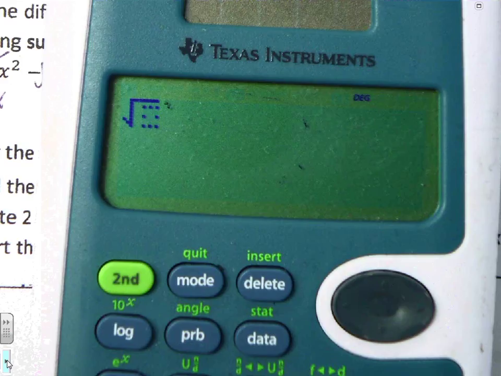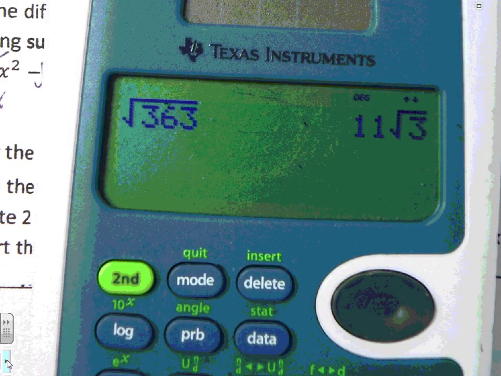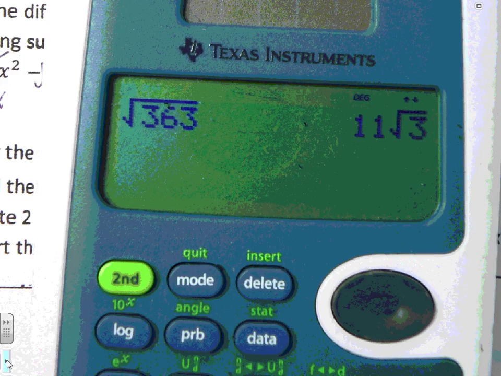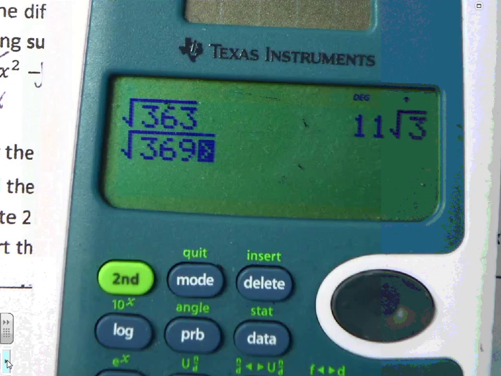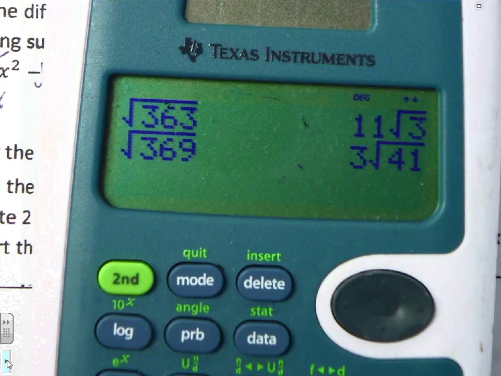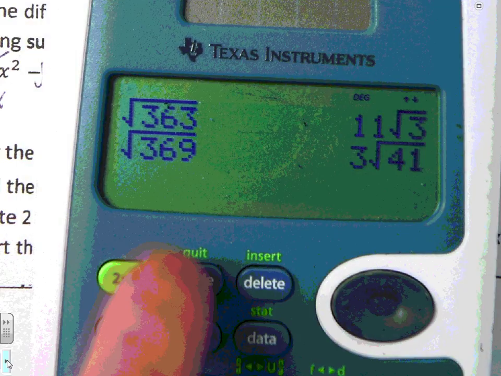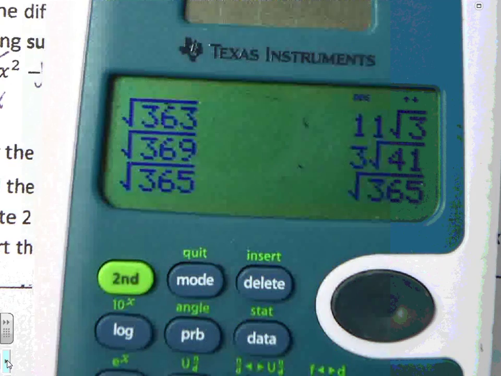And then 363, and then hit equals. Oops, I guess it doesn't work. Let's try second square root 369. Let's try 365. That didn't work.